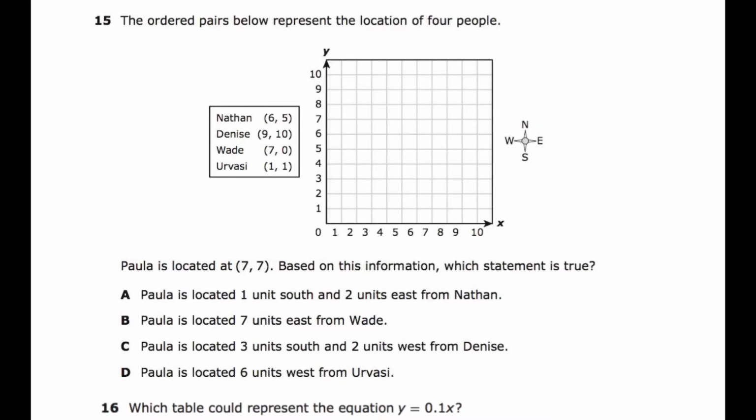Nathan is at (6,5), and I know the numbers are a little bit off, but we can notice here that the 1 should be at this first one. So (6,5), I go to the sixth one, and I go up 5. There's Nathan. Denise is at (9,10).